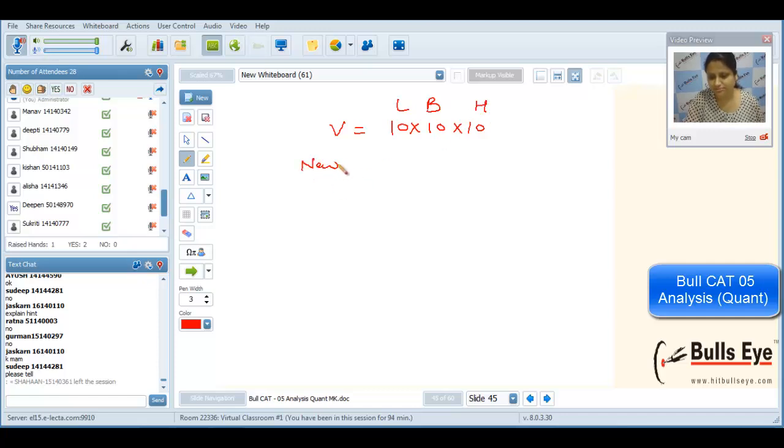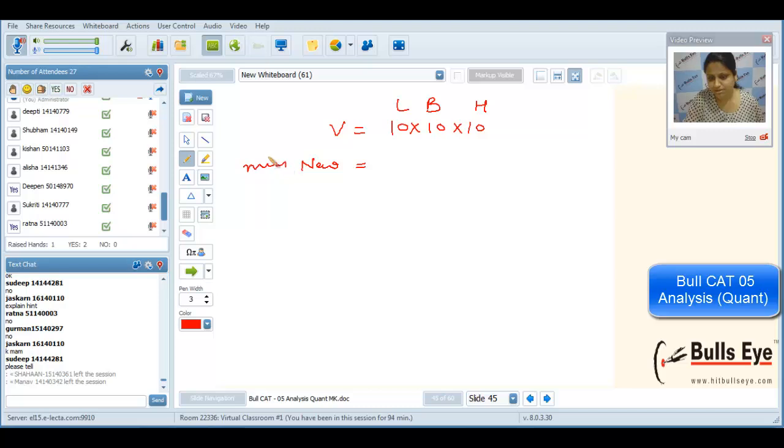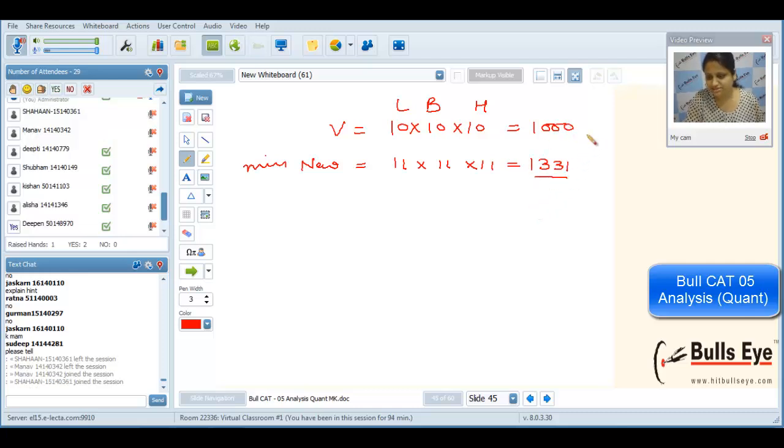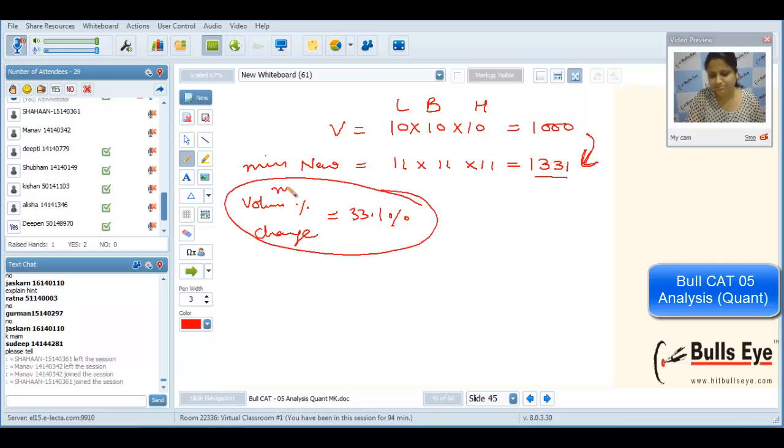The minimum increment was 10% in each dimension. So the new volume should be 11 into 11 into 11. My original volume was 1000. Now it is becoming 1331. What is the percentage change in volume? It will be 33.1%. That is the minimum percentage change in volume.